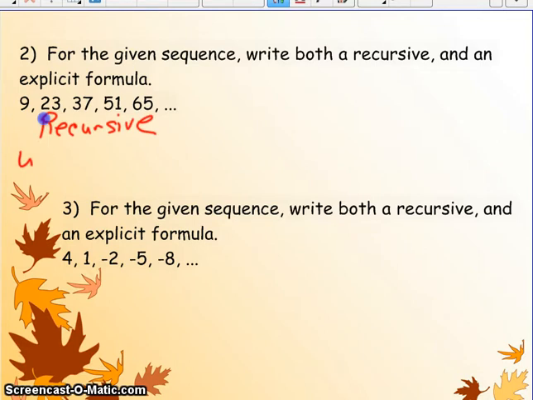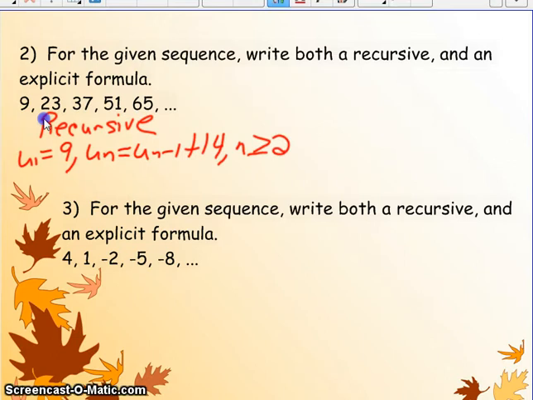The first term, u sub n is equal to u sub n minus 1, and it looks like we are adding 14 to each term. So plus 14 for n greater than or equal to 2.